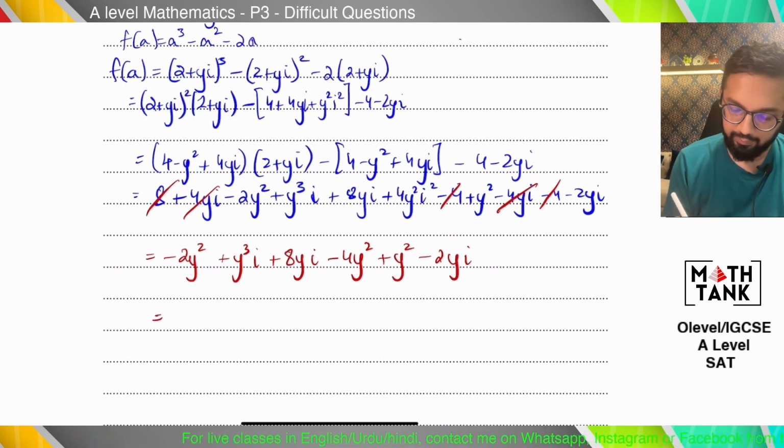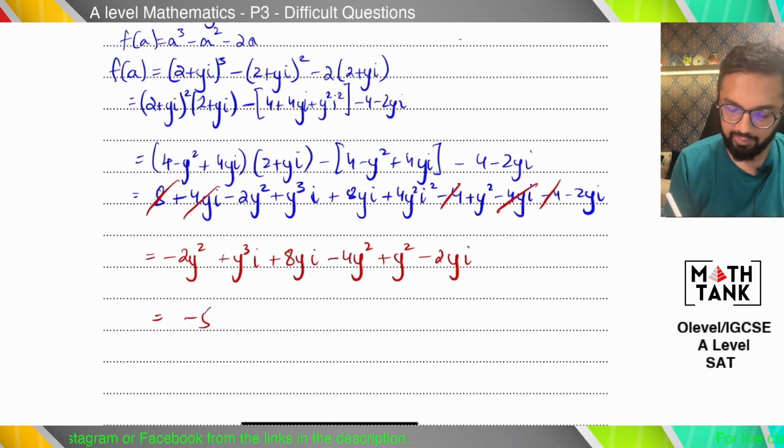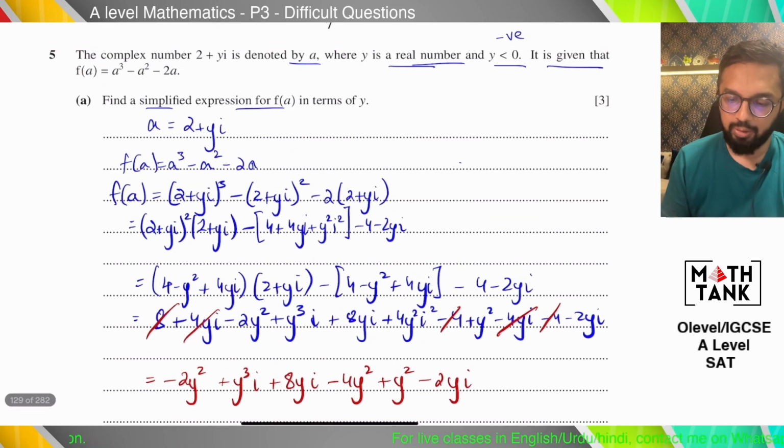So I have minus 2y squared. Okay, no, that should merge with this and that. Minus 6 plus 1 gives me minus 5y squared plus y cubed i plus 6yi. I hope that's the correct answer.